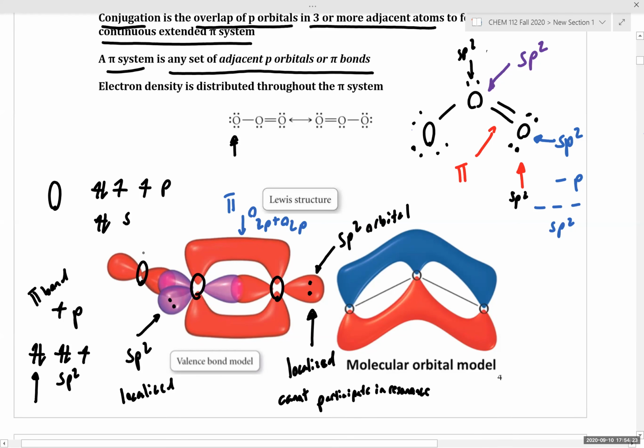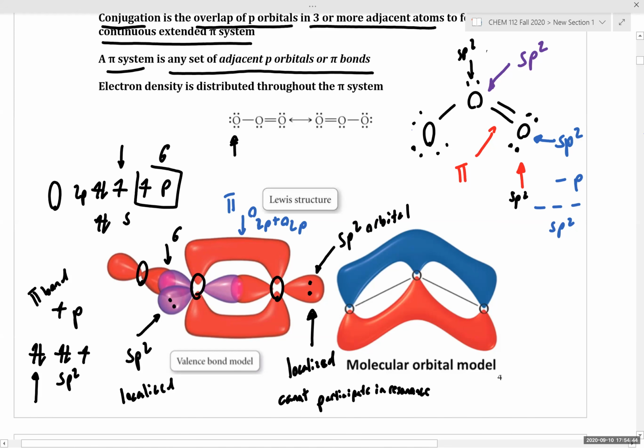So in terms of bonding, we've used up one of our p orbitals to form a sigma bond. This oxygen has some lone pairs, and we also have a half-filled orbital.